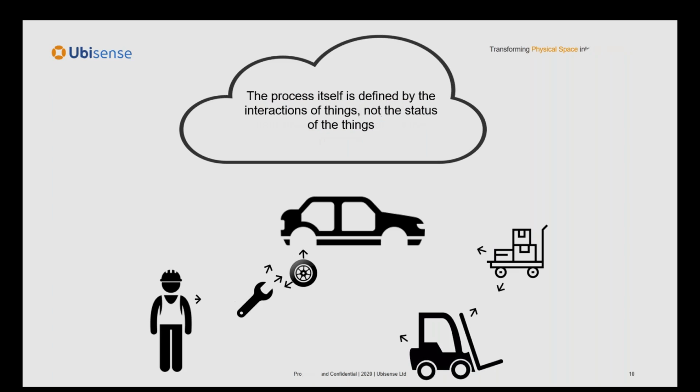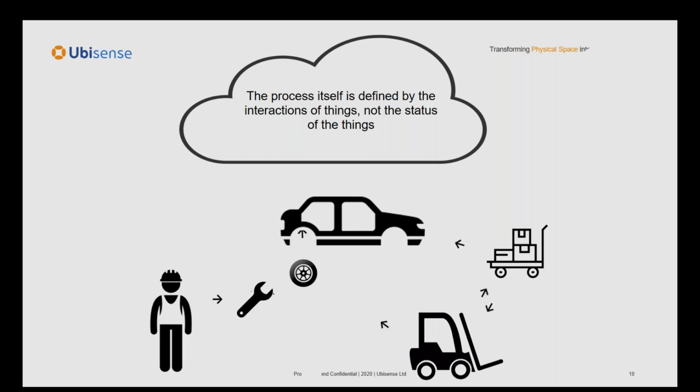What you need here is that the process itself is defined by the interaction between the things, but not only the status of things. I was talking about the battery level of the forklift. When we talk about the interaction of things, it's the interaction between, for instance, parts and the forklift.